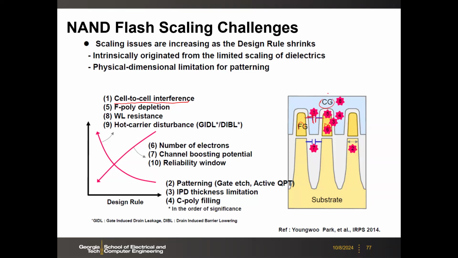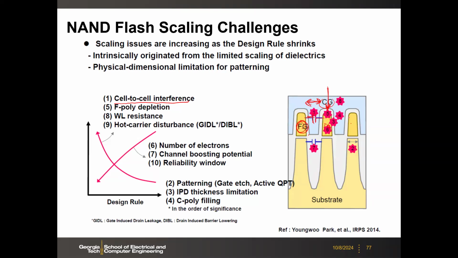When you program this cell, some of the voltage will be capacitively coupled to this floating gate, so you will further disturb the adjacent cell. As you scale, this distance becomes like 10 nanometer or 12 nanometer or so. This scaling makes the capacitive coupling very strong, so you cannot really isolate between cells. You program or even read this cell, and then this voltage will affect other cells' threshold voltage.